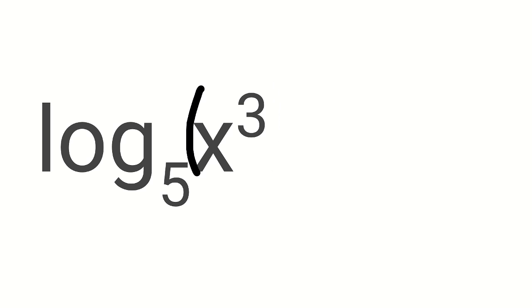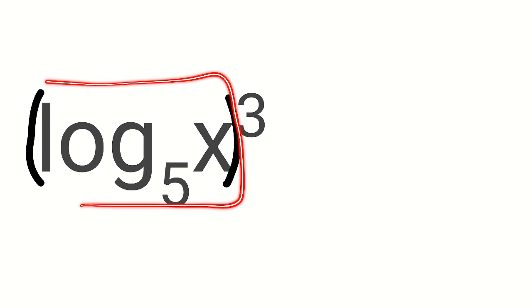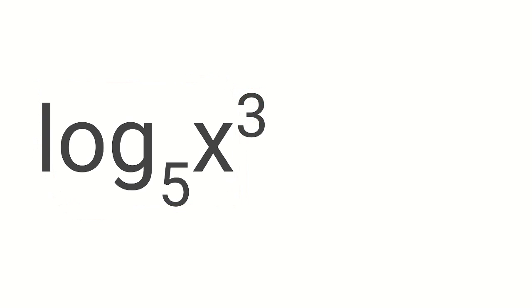It's not this. Those are two different things. This way, we're raising log base 5 of x, all of that, to the third power. This way, we're just raising x to the third power. Okay.